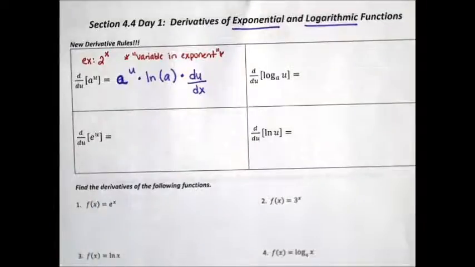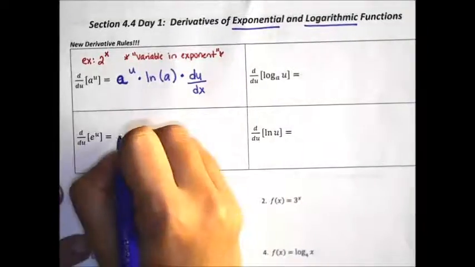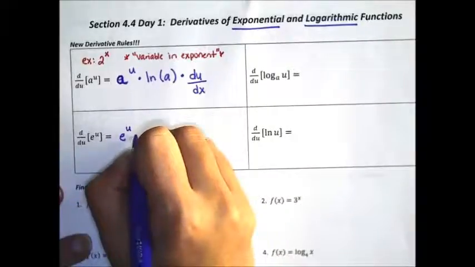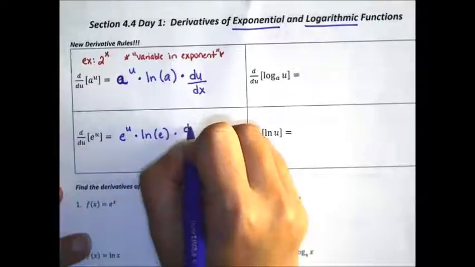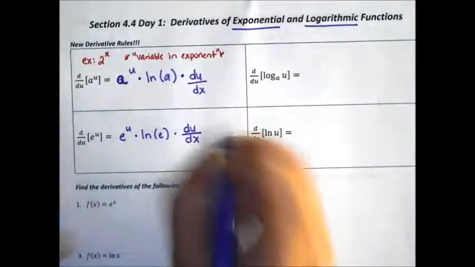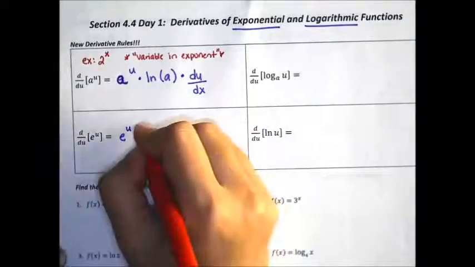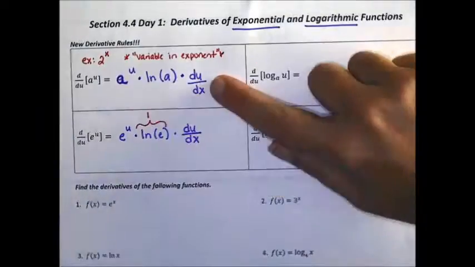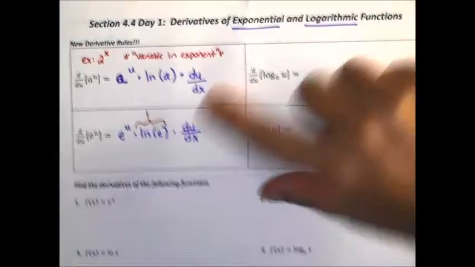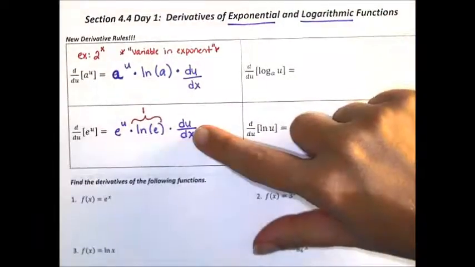Now, one specific exponential function that comes up a lot is e to the something. E to the something is one of the most common bases that we're going to be using. So if I were to take the derivative of this, I would do e to the u times the natural log of e times du dx. But we know that the natural log of e is just 1. I'm just using this same rule that I can use for any base to take the derivative of this specific base.